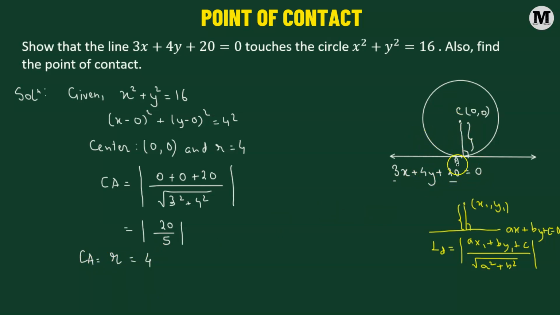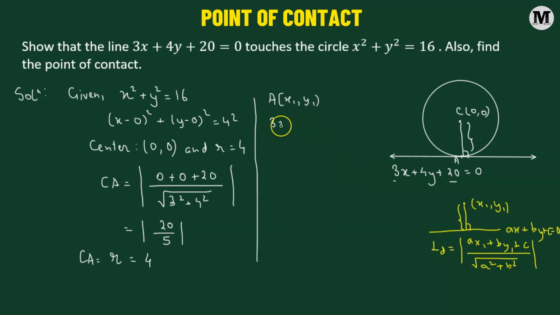Now the next goal will be to find out the coordinate of point A. So how shall we proceed? Let us suppose that the point A has the coordinates x1, y1. Now if the coordinates of the point A are x1, y1, and it lies on the circle as well as the straight line, then it should satisfy the equation of both the circle as well as the straight line.